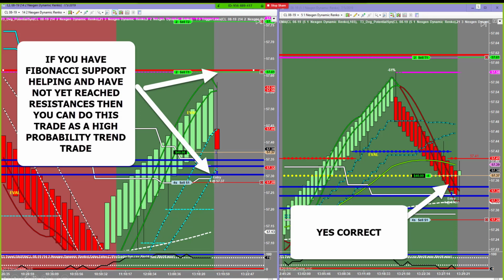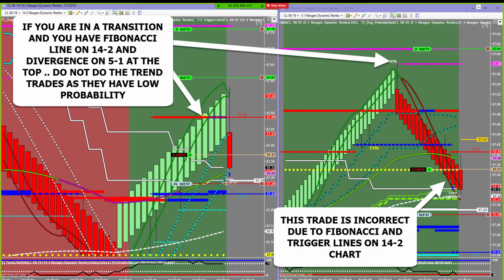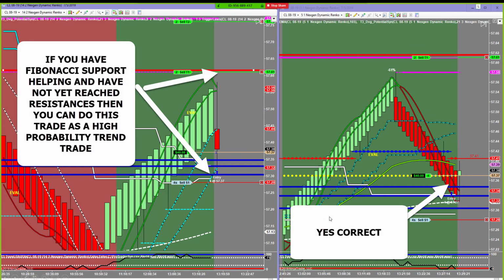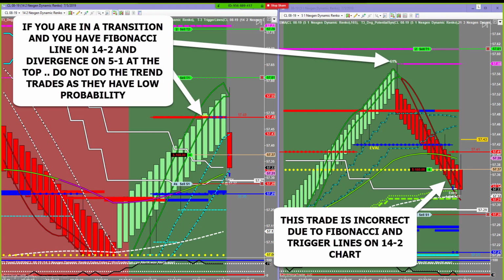Now, if you do the trade and the Fibonacci setup is wrong, we have rules for what's right and what's wrong. I cheated because I drew in the correct Fibonacci look just so you could see what a correct look is. This is what it really looked like, and you'll see the difference immediately.